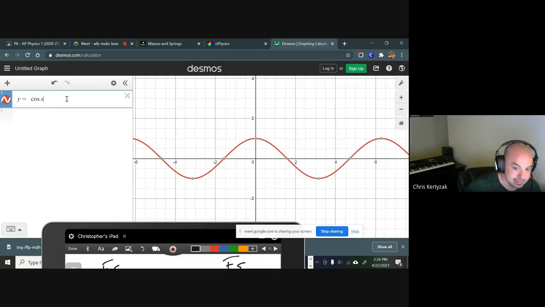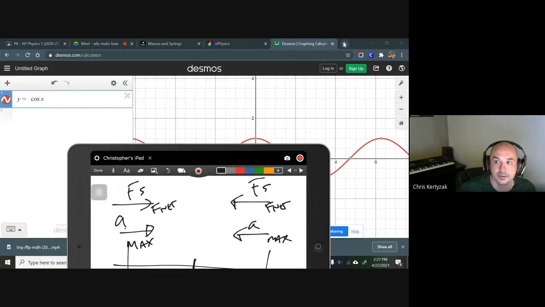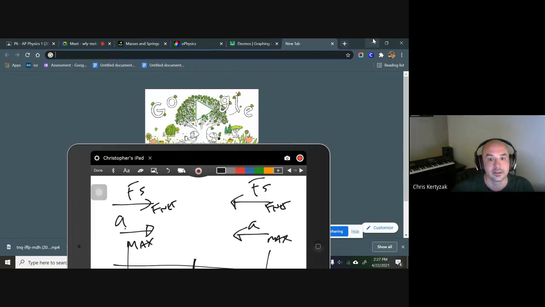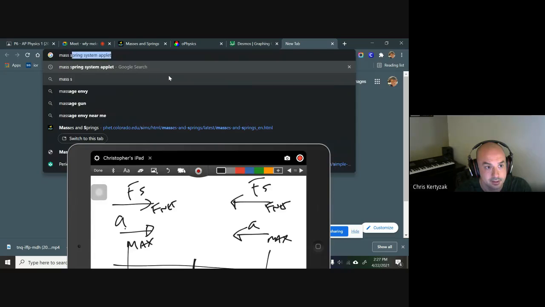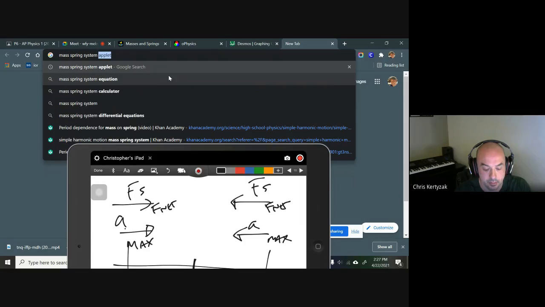So with that said, let's just Google this. I'm just curious to see what it will look like: mass spring system graph.